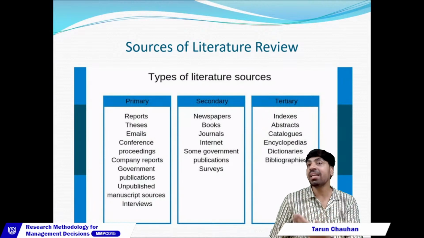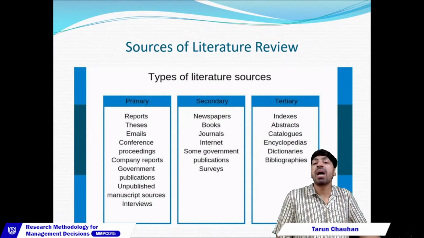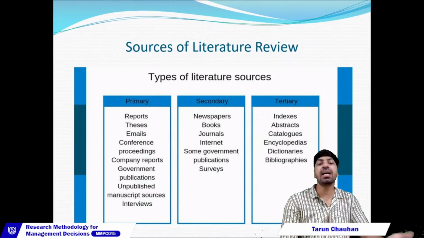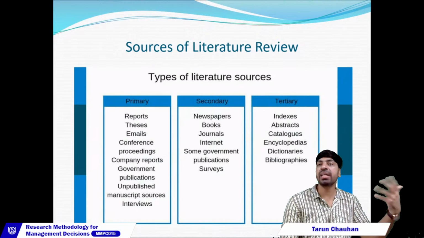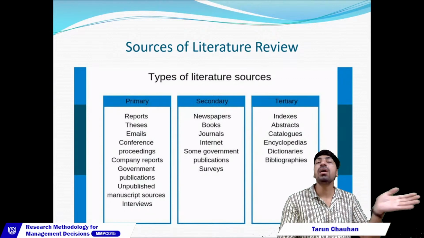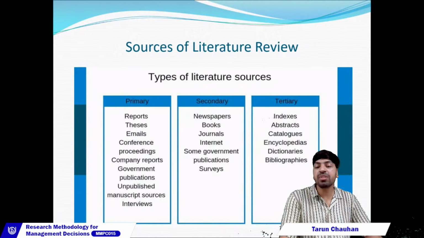So you can easily get the sources when you use the bibliographies of the past research studies. These are the sources of literature review that a researcher can use. It could be primary, secondary, or tertiary, or even most researchers use primary and secondary sources, or a combination of both.